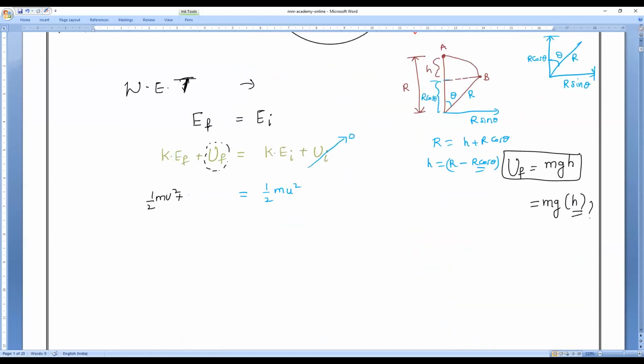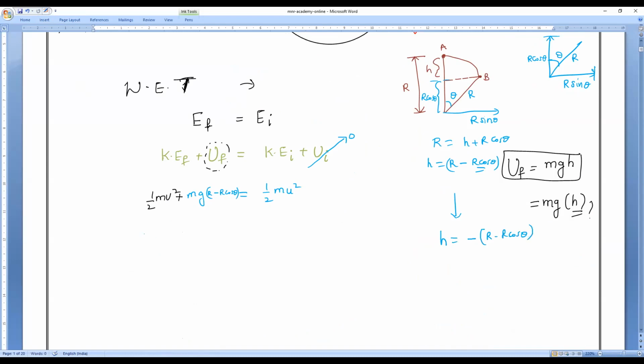So final potential energy equals mg into (R minus R cos theta). But the position is decreasing, so it is negative: minus of (R minus R cos theta).